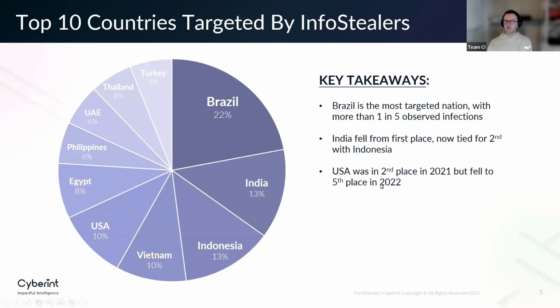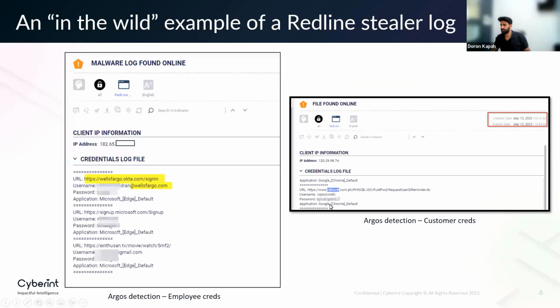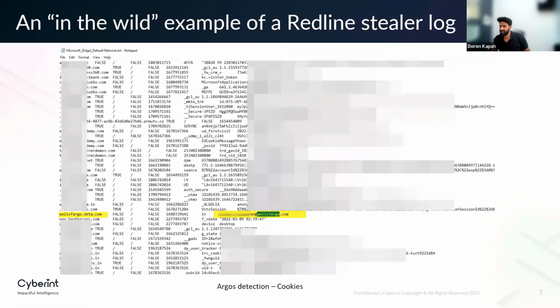Yeah, thank you. Amazing. So let's go forward. We can see here an example of a cookie file, right? This is how a cookie file looks like. And this is the same example of Wells Fargo. We can see that in the cookie file, we can also obtain data regarding the employee, because the email over here relates to an employee.